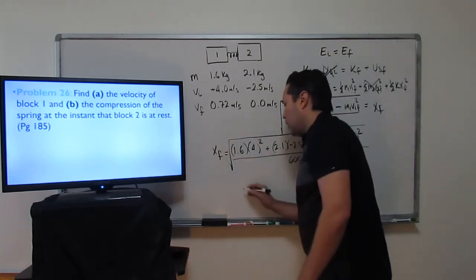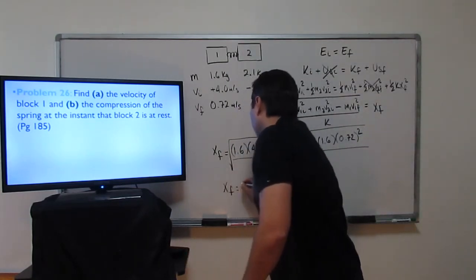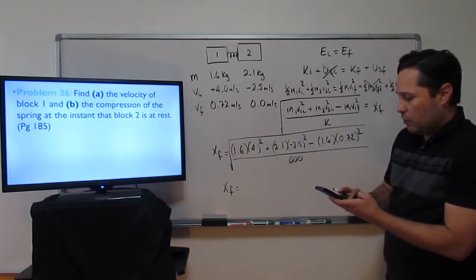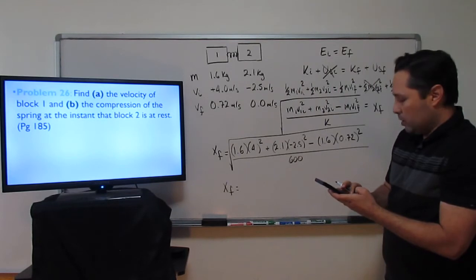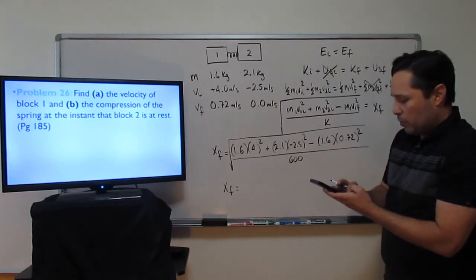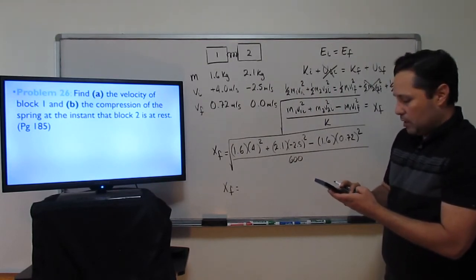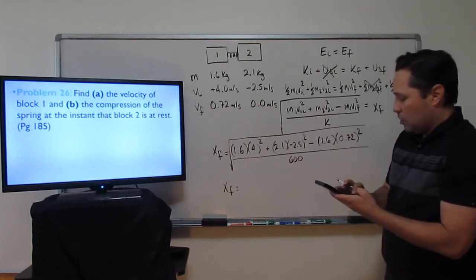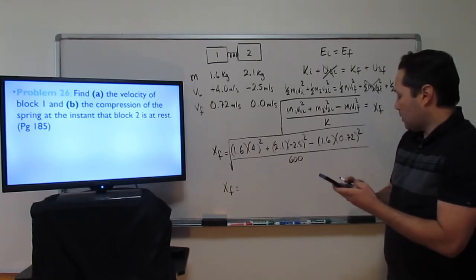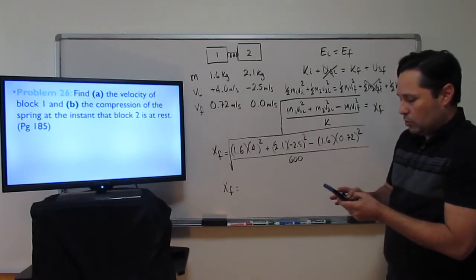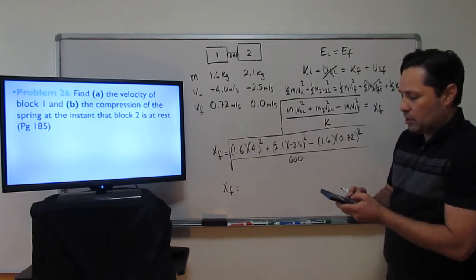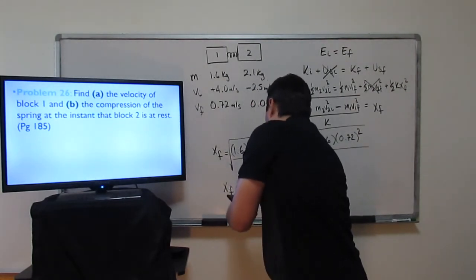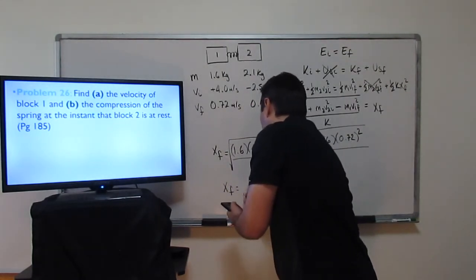Alright, from there we're going to plug it into the calculator and see what we get. We get 1.6 times 4 squared, plus, open parentheses, 2.1 times 2.5 squared, close parentheses, plus 1.6 times 0.72 squared, close parentheses, and the numerator is 39.55 over a denominator of 600.